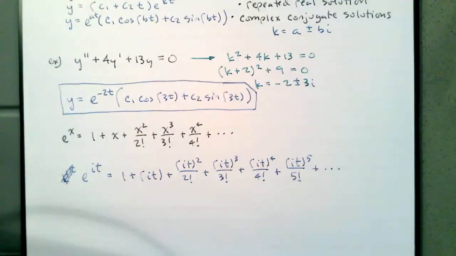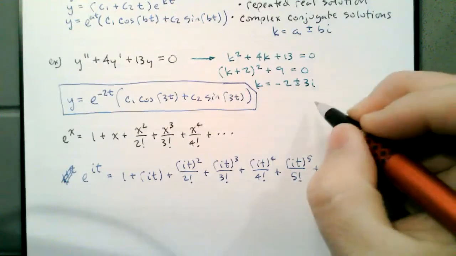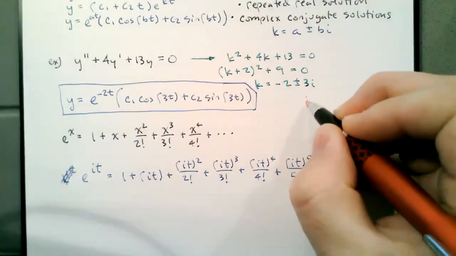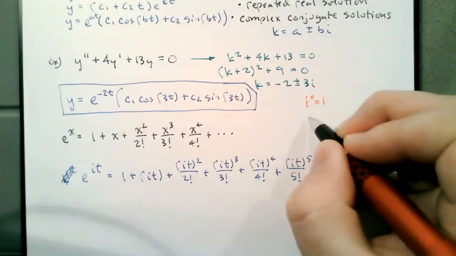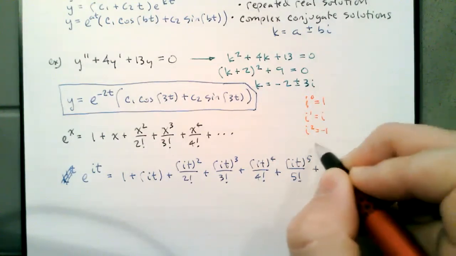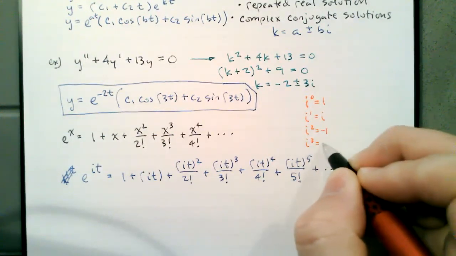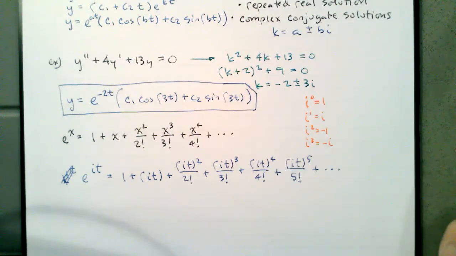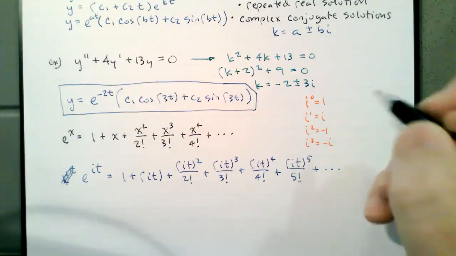Remember that all powers of i are either 1, i, -1, or -i. So recall, i to the 0 is equal to 1. i to the first is i. i squared is -1. i cubed is -i. Then when we get the fourth power, we're back to the beginning.